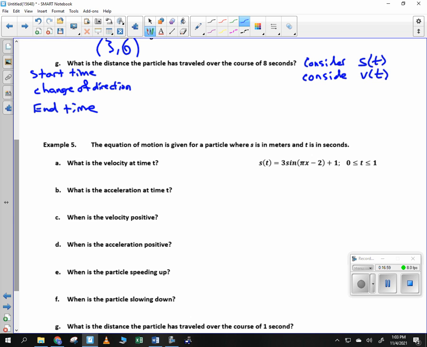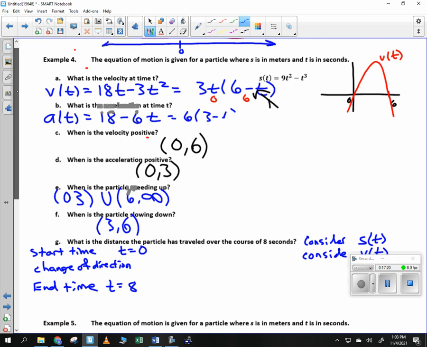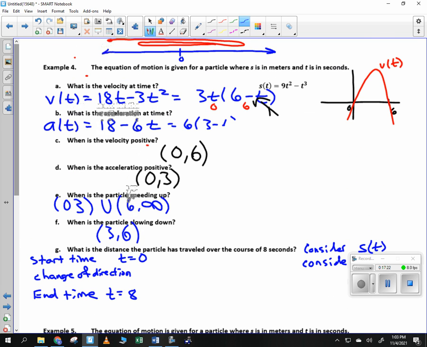When did we start? What time do we start? 0. What time do we end in this problem, does it say? And at what time do we change direction? That's when the velocity changes. At what time does the velocity change?